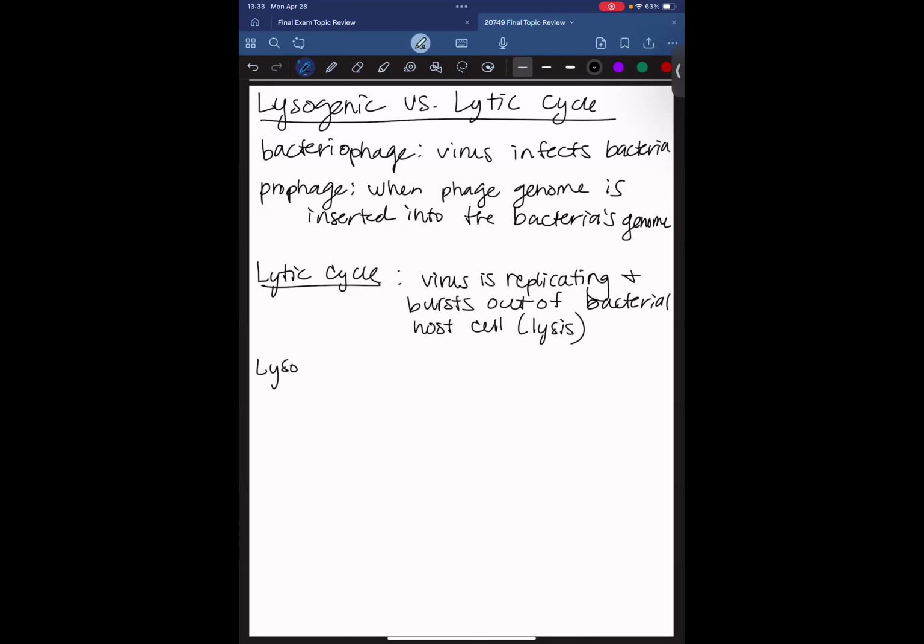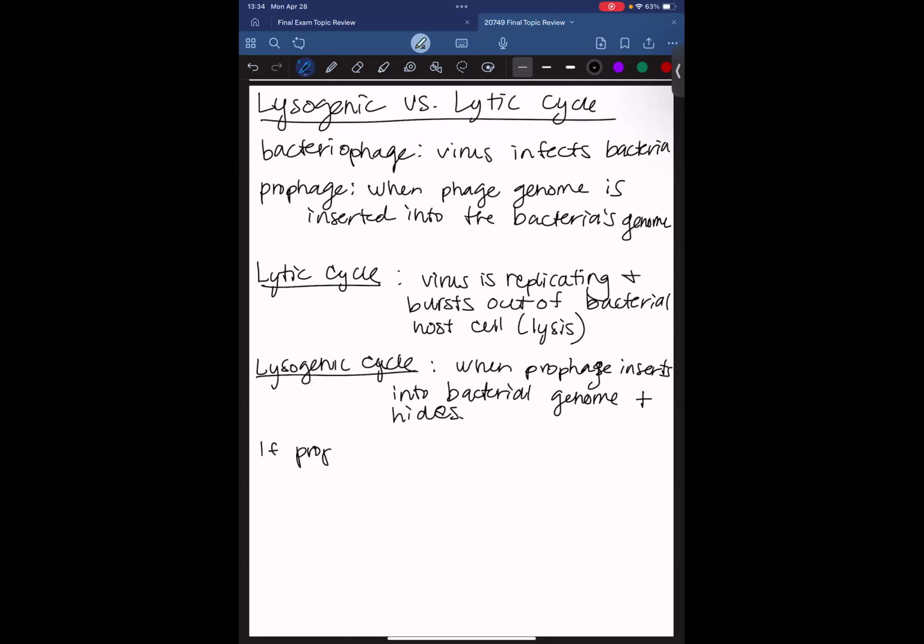The lysogenic cycle happens when the prophage inserts into the bacterial genome and it hides and just waits, right?